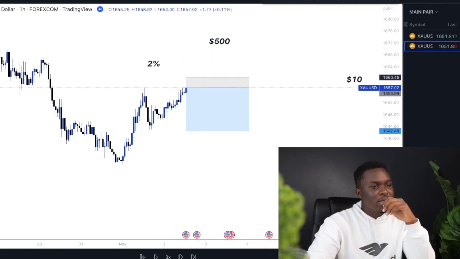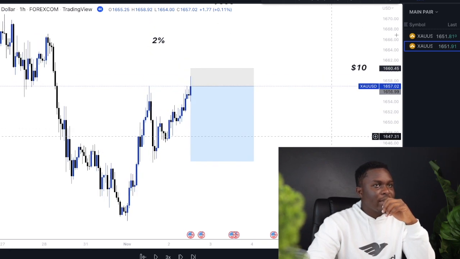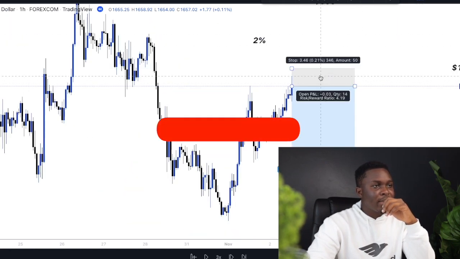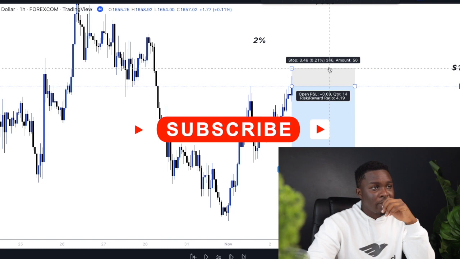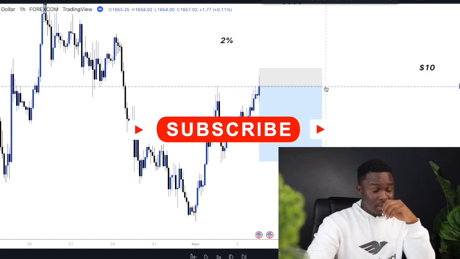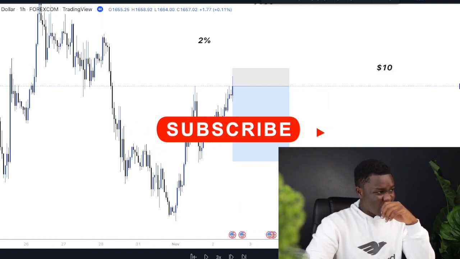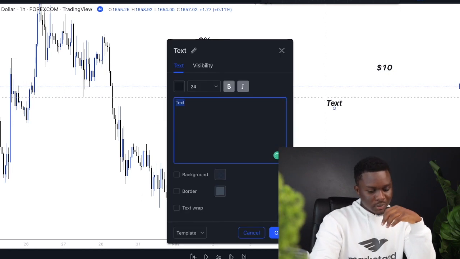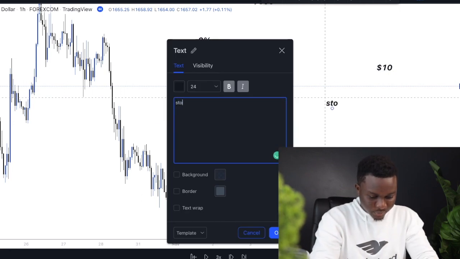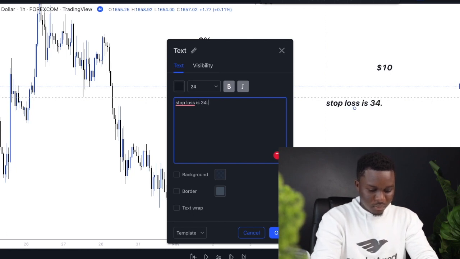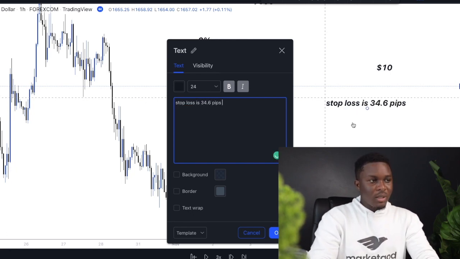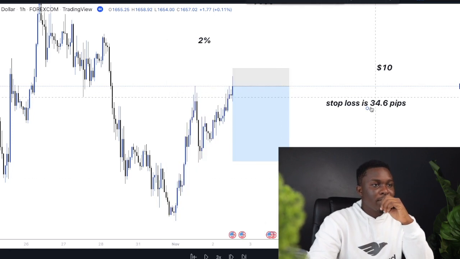Now, because this is gold, it says over here that my stop loss is 346, which simply means 34.6 pips in gold. Now, this is how much the stop loss is in pips.